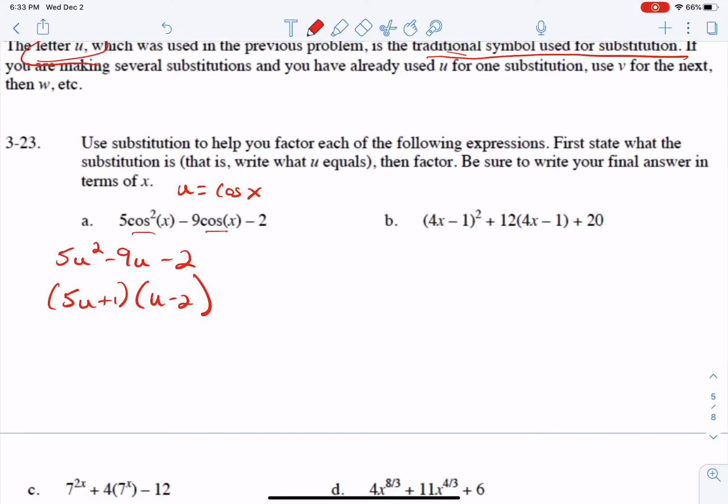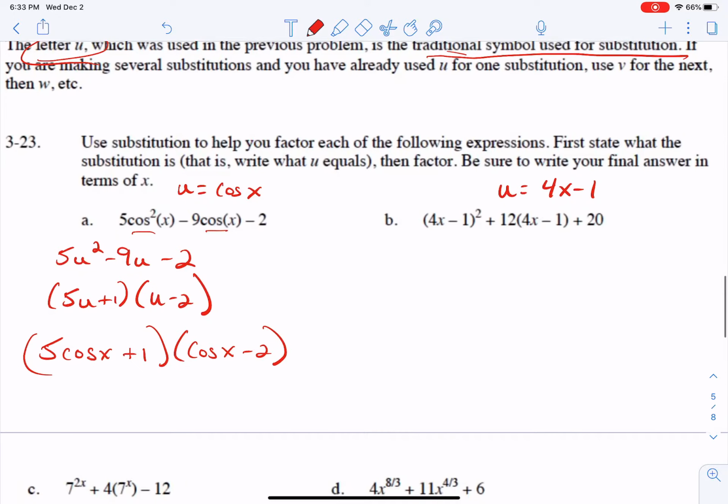And then my last step is to go back in and replace whatever I substituted for u. So my final factored form would be 5 times the cosine of x plus 1 and cosine of x minus 2. For problem B, I would make u equal to 4x minus 1. So I'm left with u squared plus 12u plus 20.